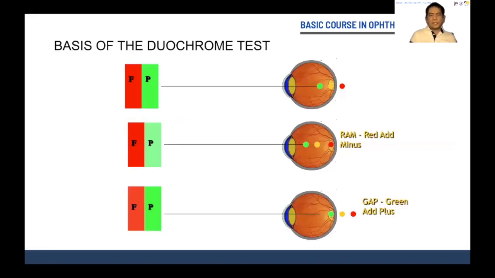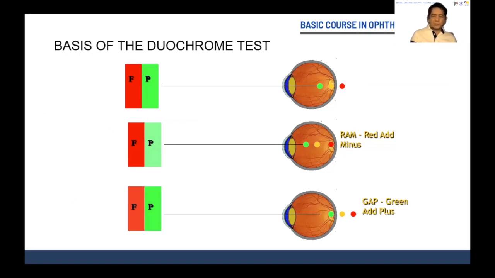So the principle of that is if you have reached the point, if you are in emmetropia, the yellow color should fall exactly on the retina. So meaning to say the green and the red should have an equal appearance. If letters on the red are clearer, meaning to say the red color is the one placed exactly on the retina.